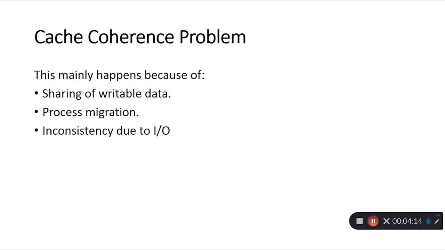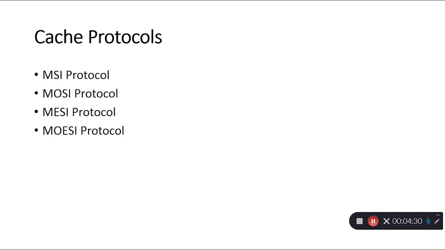This mainly happens because of sharing of writable data, process migration, and inconsistency due to inputs and outputs. To solve this, a system has to use cache coherence protocols. Some of the main cache coherence protocols are MSI protocol, MOSI protocol, MESI protocol, and MOESI protocol.